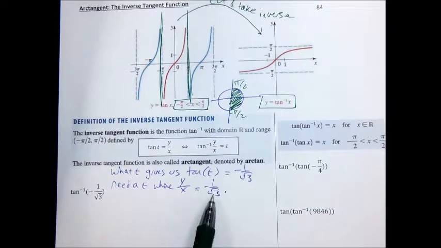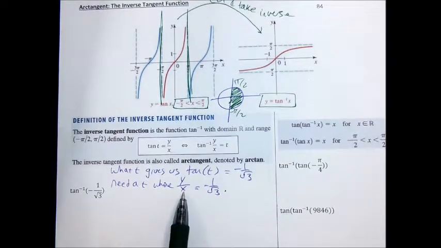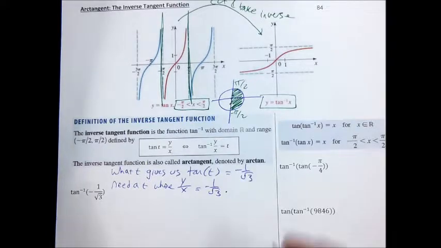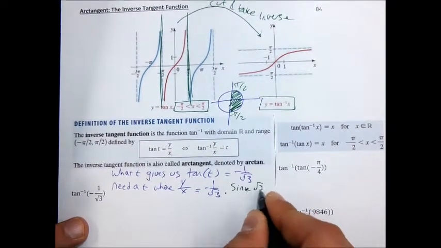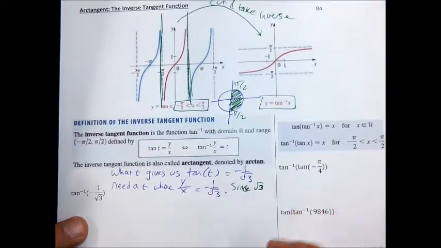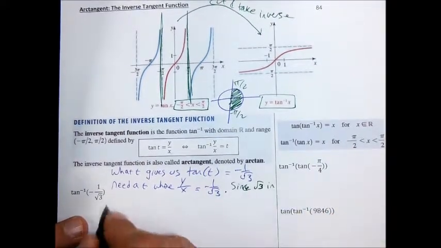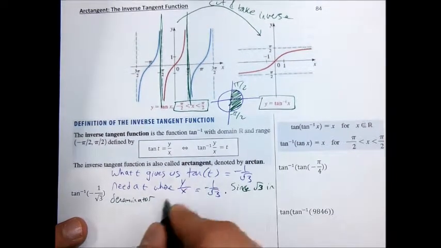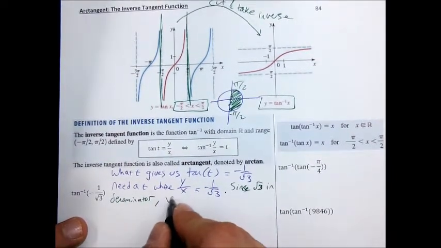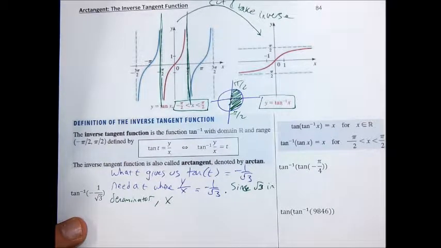And so whatever we choose for x should have a root 3 in it. Does that make sense? Let me write that down and let me know if that makes sense. So since square root of 3 is in the denominator, then the x should have a root 3 in it.